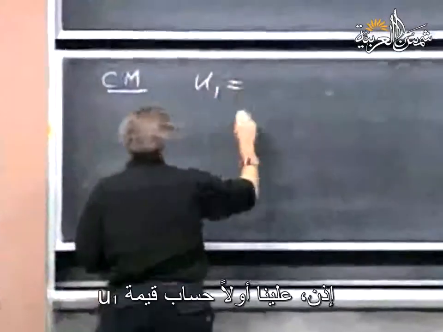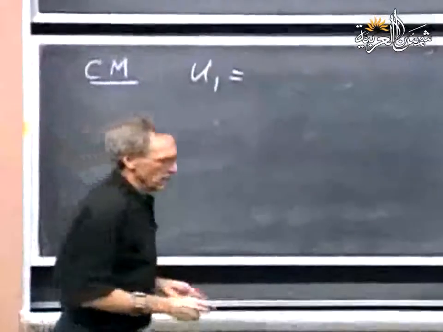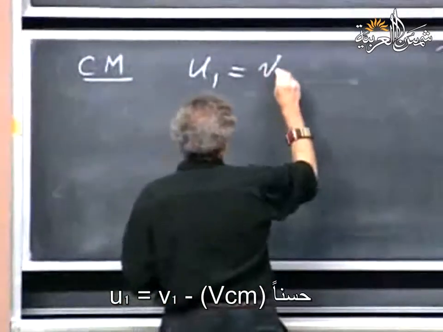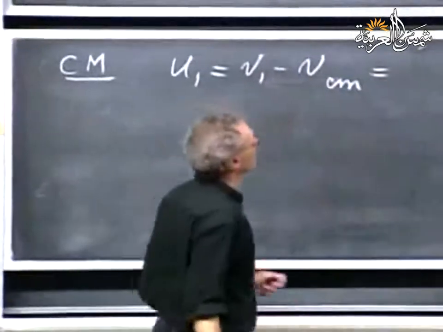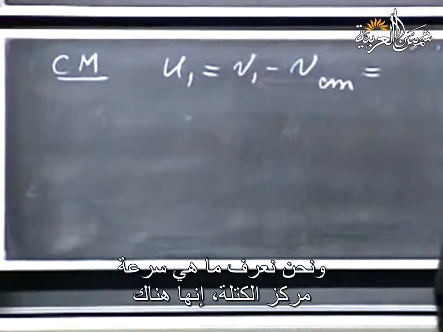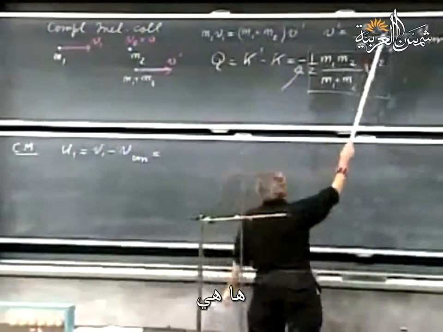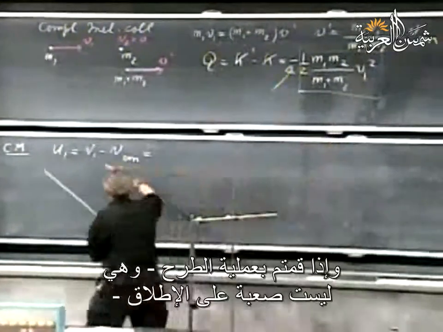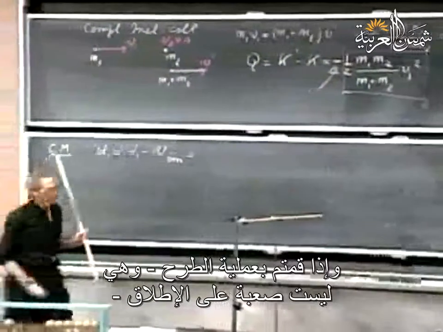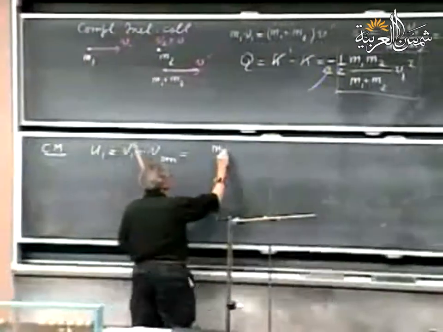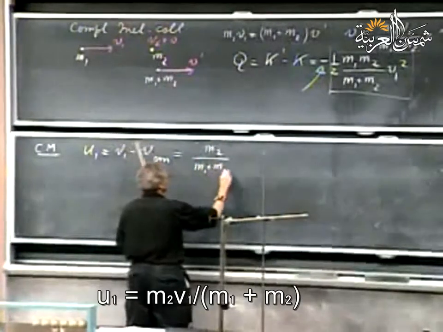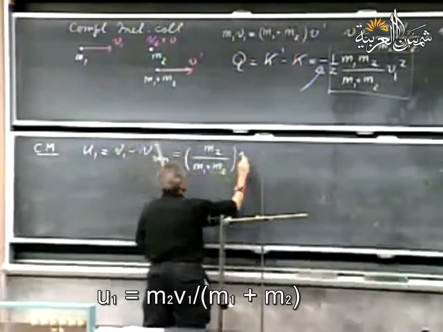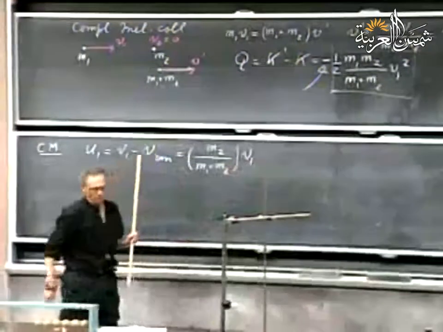So we first have to calculate what U1 is. Well, U1 equals V1 minus V center of mass. And we know what V center of mass is. It's right there. And if you do the subtraction, which is by no means difficult, you will find M2 divided by M1 plus M2 times V1.